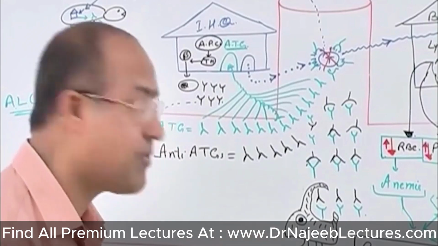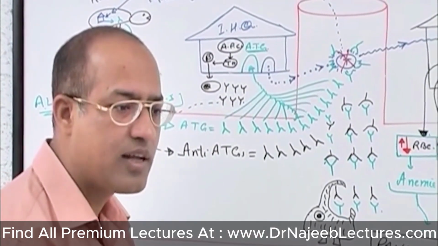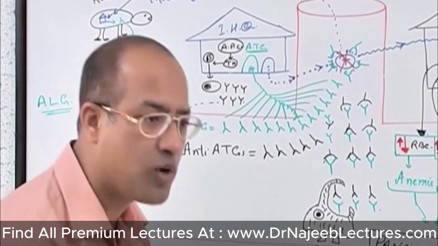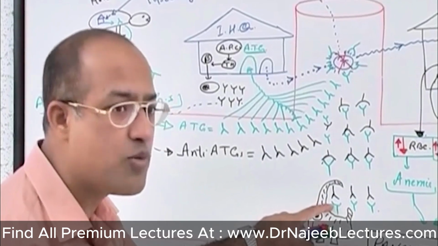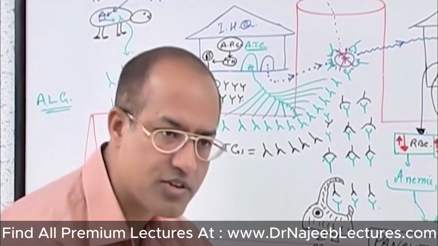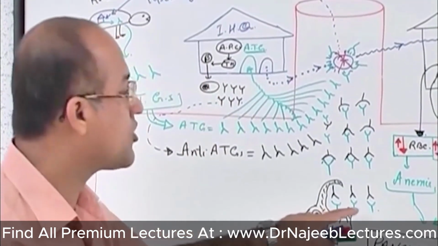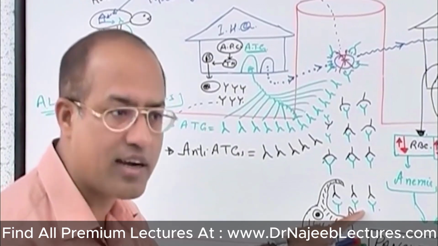This is a normal phenomenon. Normally in the human body, antigen-antibody complexes do form, and these antigen-antibody complexes are normally very efficiently removed by the mononuclear phagocytic system. So they do not circulate unduly and they don't deposit here and there unduly.